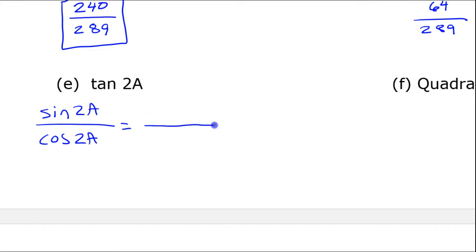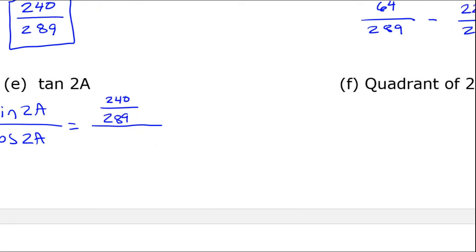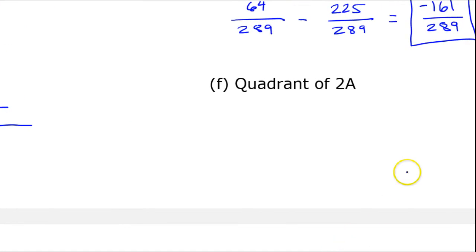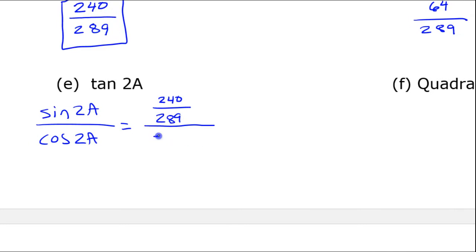So sine of 2a was 240 over 289. And the cosine was negative 161 over 289.